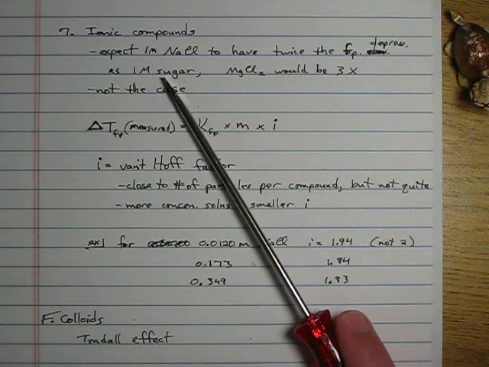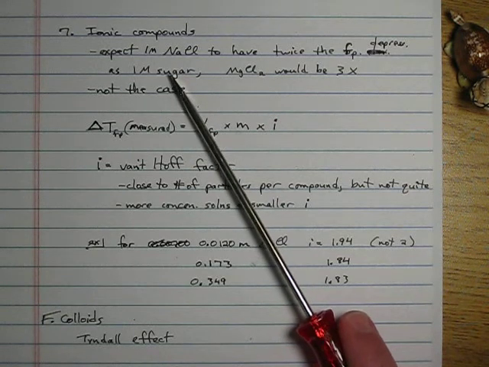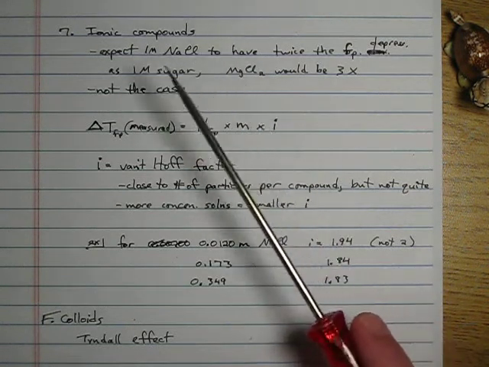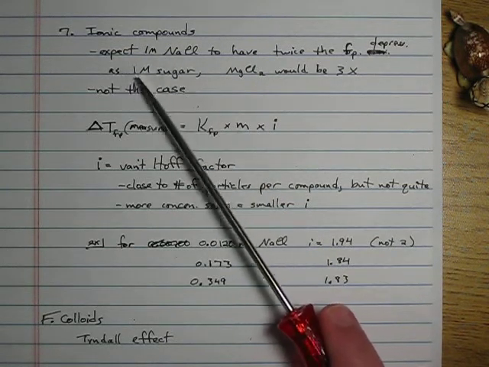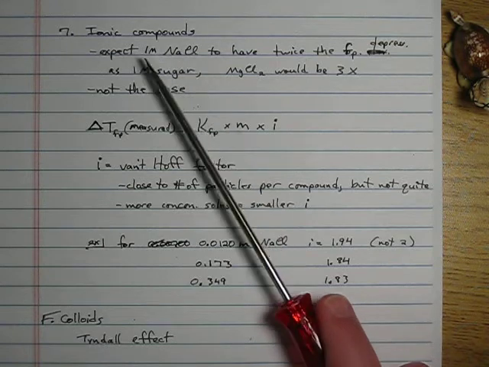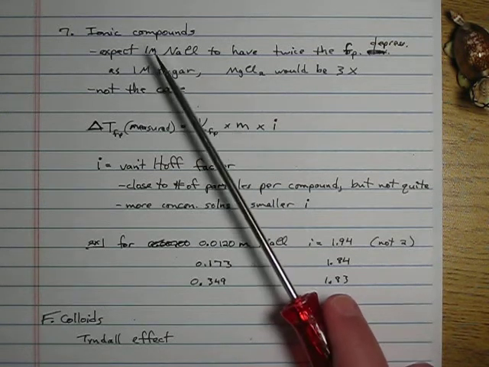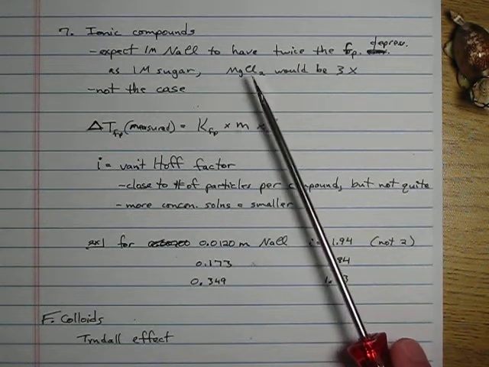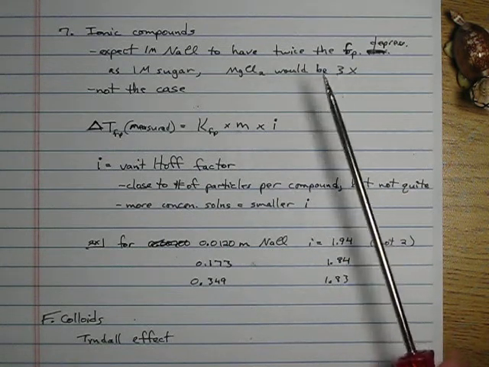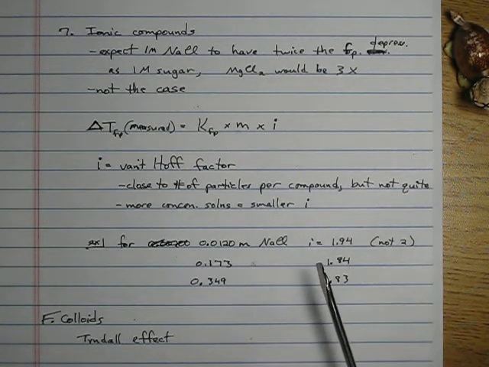When sugar dissolves in water, it does not dissociate. It stays as a whole sugar molecule. So 1 molar sugar is 1 molar in particles. 1 molar sodium chloride is 2 molar in particles. Recall, 1 molar magnesium chloride is 3 molar in particles.